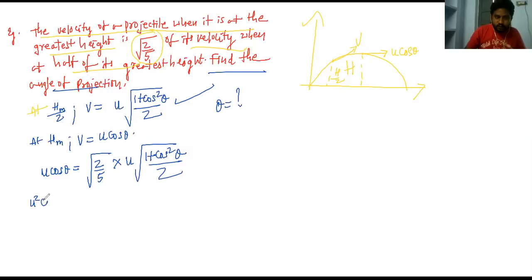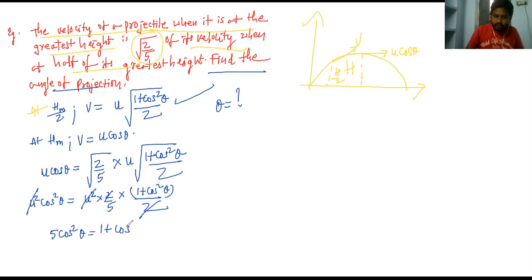So this will be u square cos square theta, which is equal to u square into 2 by 5 into (1 plus cos square theta) by 2. So simple. So u square cancels here, 2 also cancels here. So 5 cos square theta is equal to 1 plus cos square theta. 5 cos square theta, and this cos square theta comes here, that will be minus cos square theta.